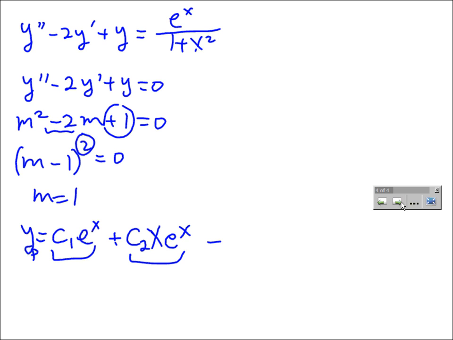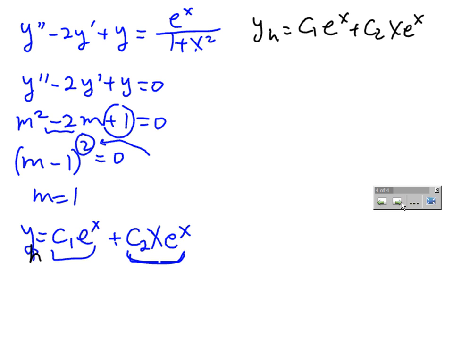If there were multiplicity of 3, if that were a cube up there, then I would take something just like this, except change a constant, c3 x e to the x, and I multiply by x. I will get x squared. But that is our homogeneous solution: c1 e to the x plus c2 x e to the x.